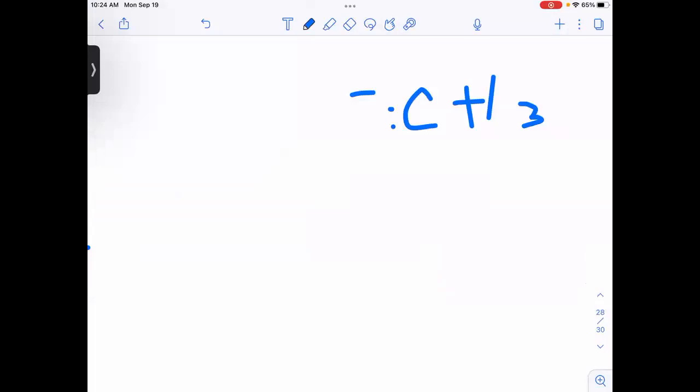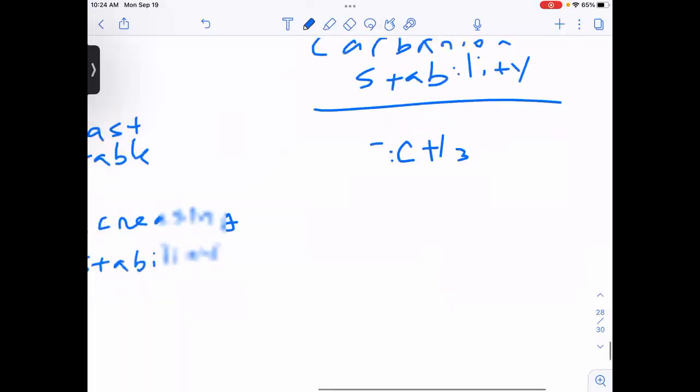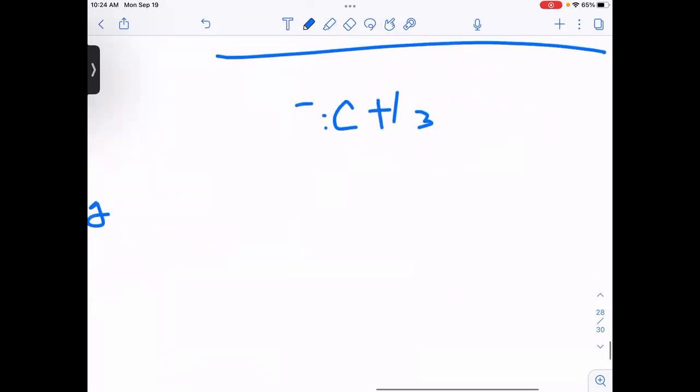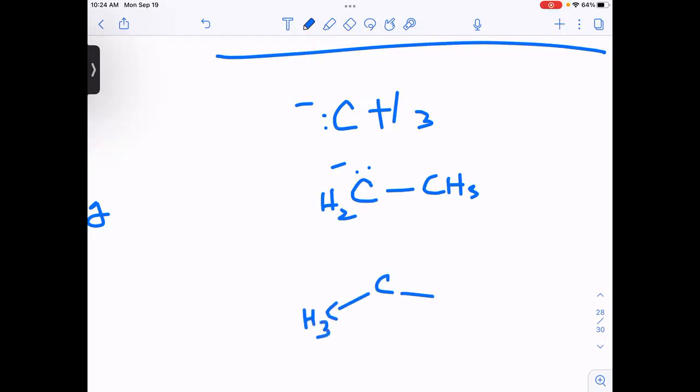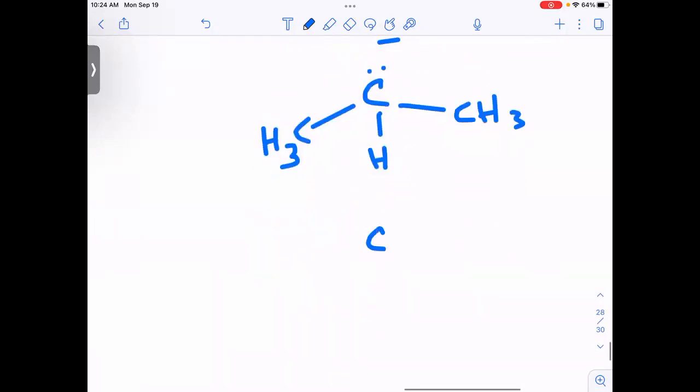Okay. So for carbanions, this is obviously methyl, and then this would be primary. And then this is secondary. And tertiary.